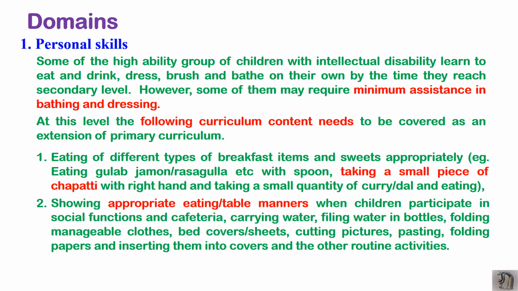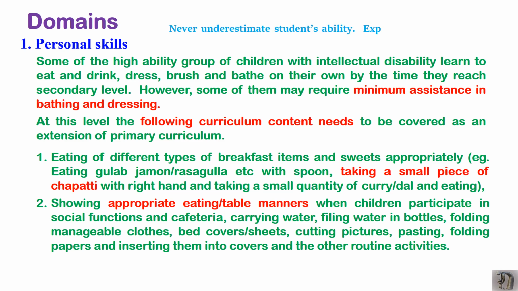Showing appropriate eating and table manners, sitting appropriately, participating in social functions, going to the hotel, carrying a water bottle, then folding manageable clothes, a bed sheet after getting up, cutting some sort of vegetables, or cutting pictures, pasting, folding. All these kinds of things he has to do in the personal skills at the secondary level.